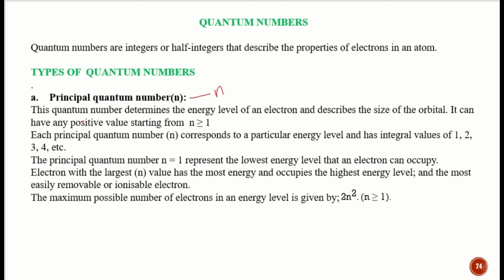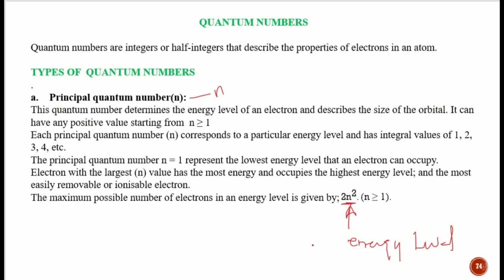If you want to determine the number of electrons that will occupy a particular energy level, we use the formula 2n squared, where n denotes our energy level, or the number of shells. So if you are in the first shell, it will tell you the number of electrons that shell will take. If you are in the fourth shell, using this formula, it tells you the number of electrons that fourth shell will take.